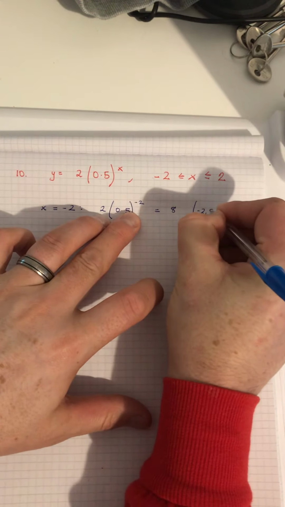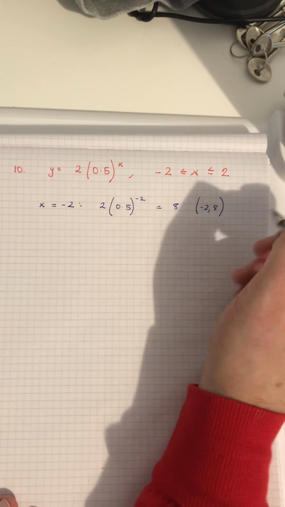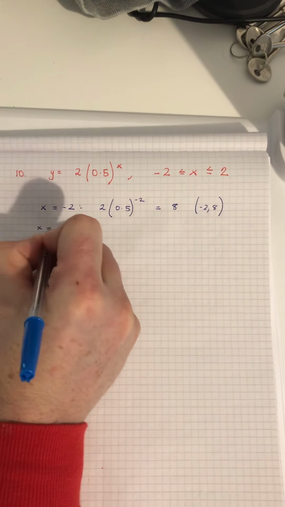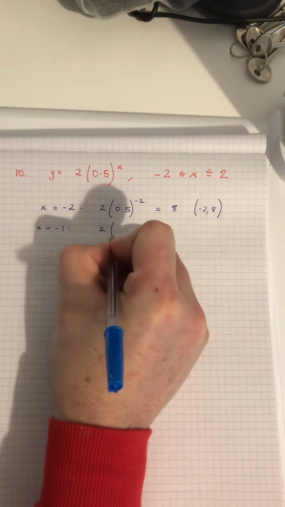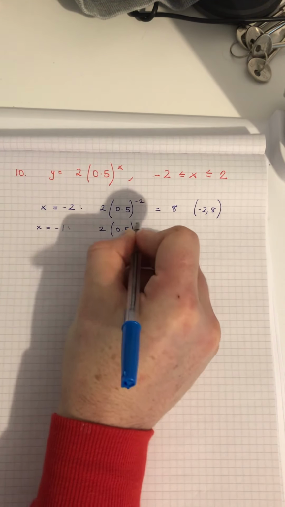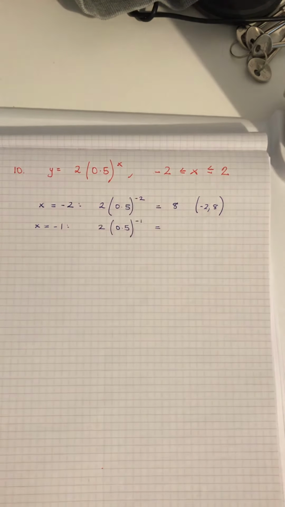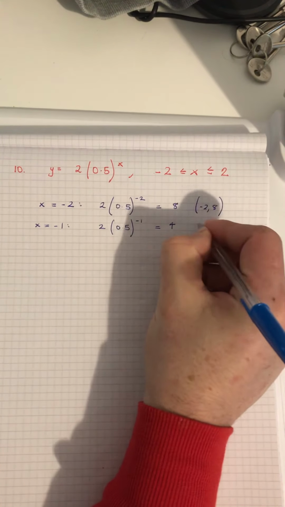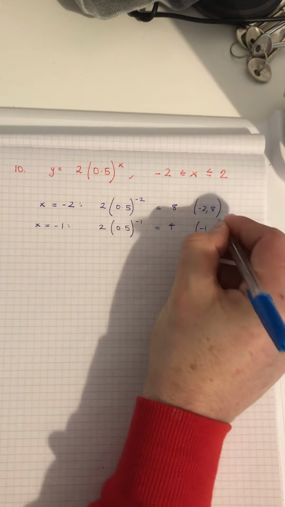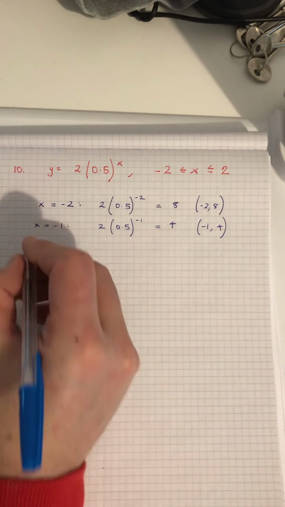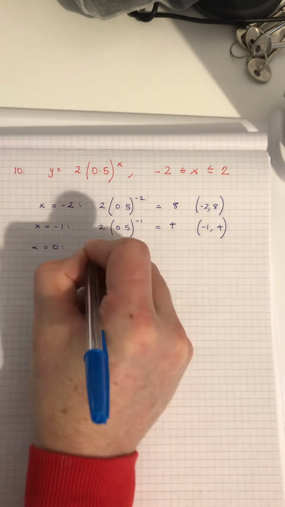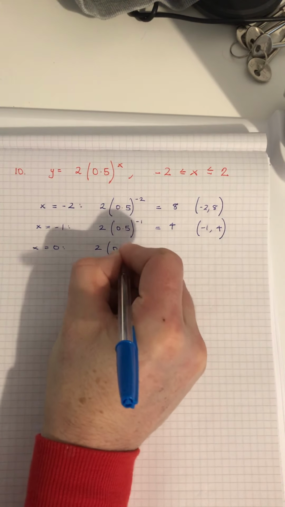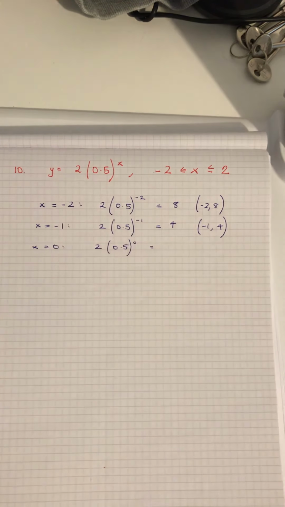So -2, 8. When x is -1, 2 times 0.5 to the power of -1 is equal to 4. So -1, 4.